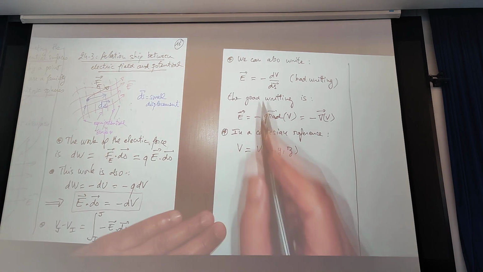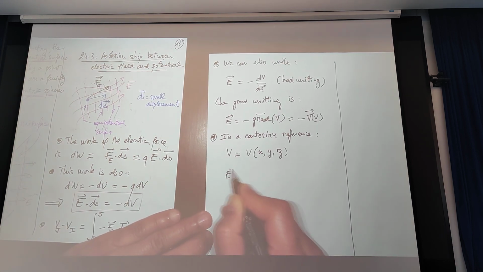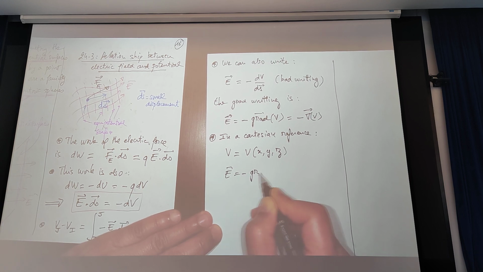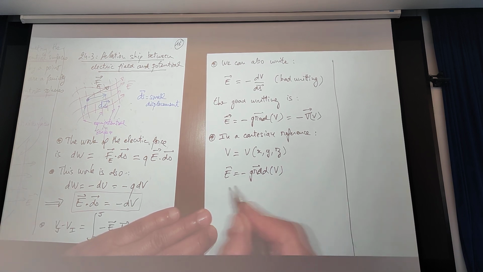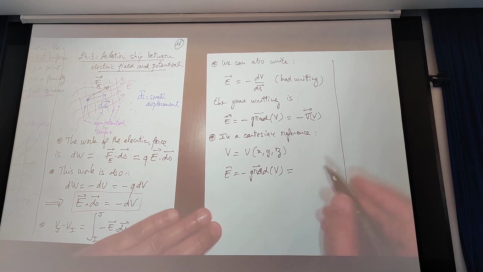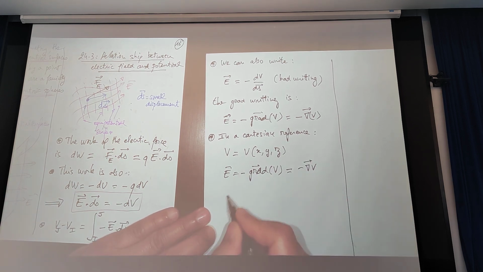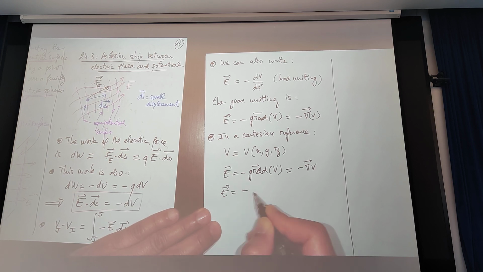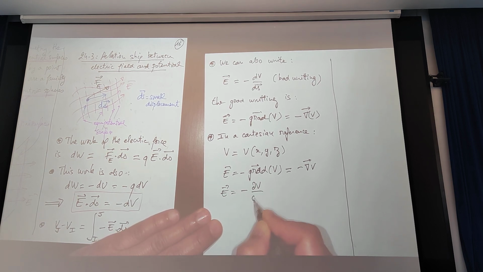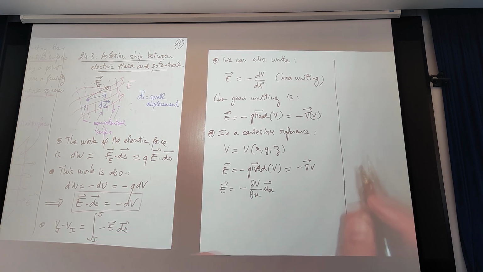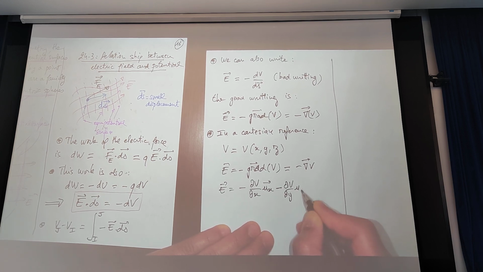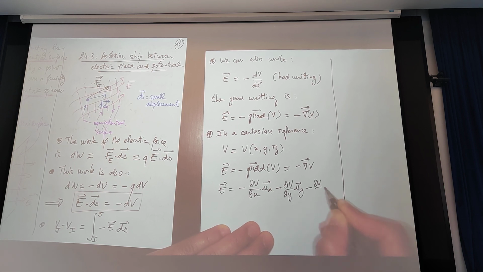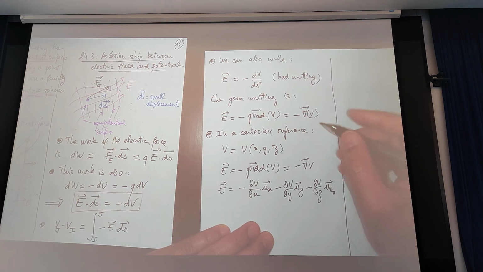So the definition of the gradient: E equals minus gradient of V, which is minus the derivative of V over x times ux, plus the same for y and z, with uy and uz.